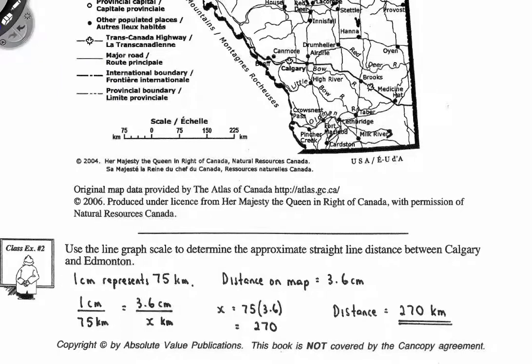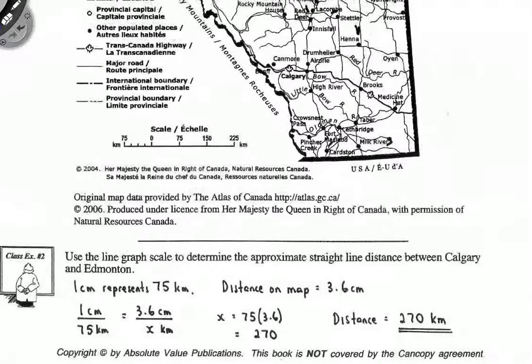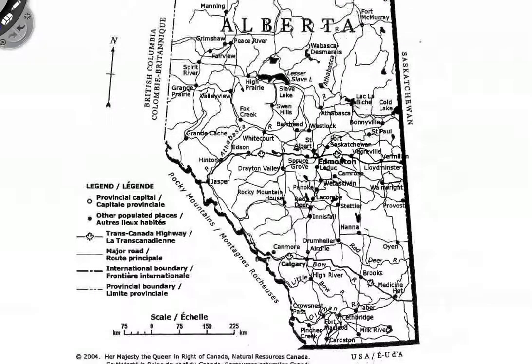So approximate. Let's scroll up and look at where Alberta is and where Edmonton is. Edmonton is right here, and Calgary is almost directly below, directly south. Looking at that distance, you probably want to use a ruler on your paper, but I'm looking at this on the computer.